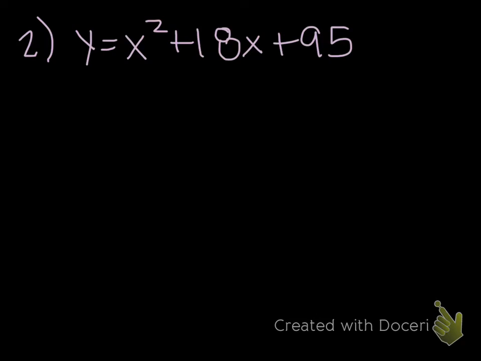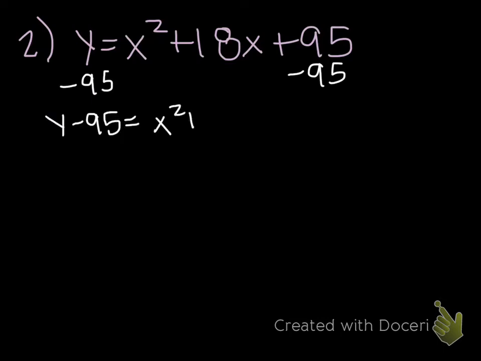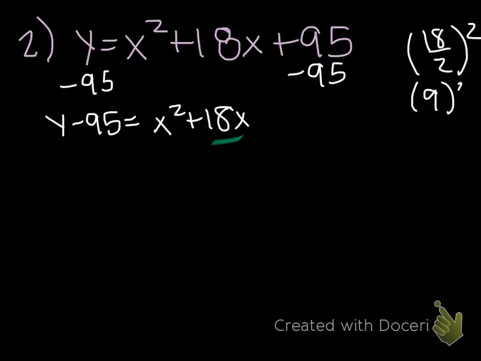One more together. Again, we're going to start by subtracting the 95 to get my first 2 terms by themselves. So I have y minus 95 equals x squared plus 18x. I'm going to take half of my b value and square it. So half of 18 squared will be 9 squared, which will be 81.